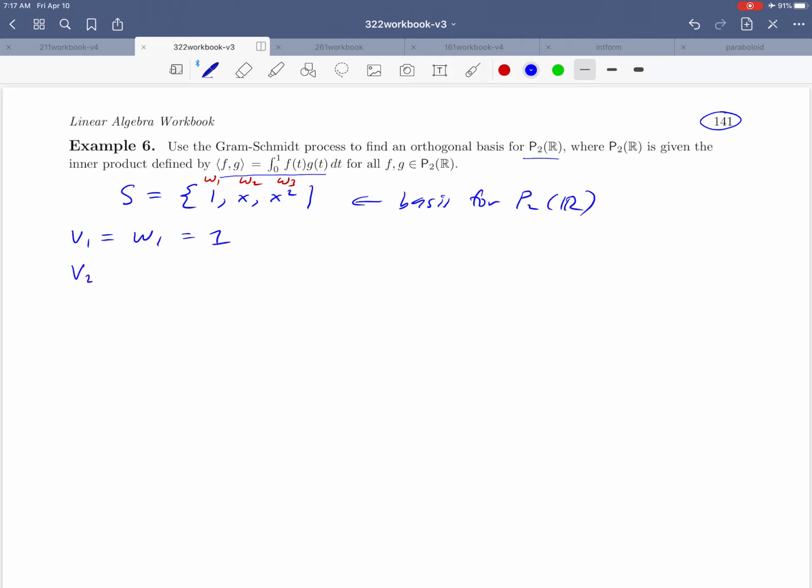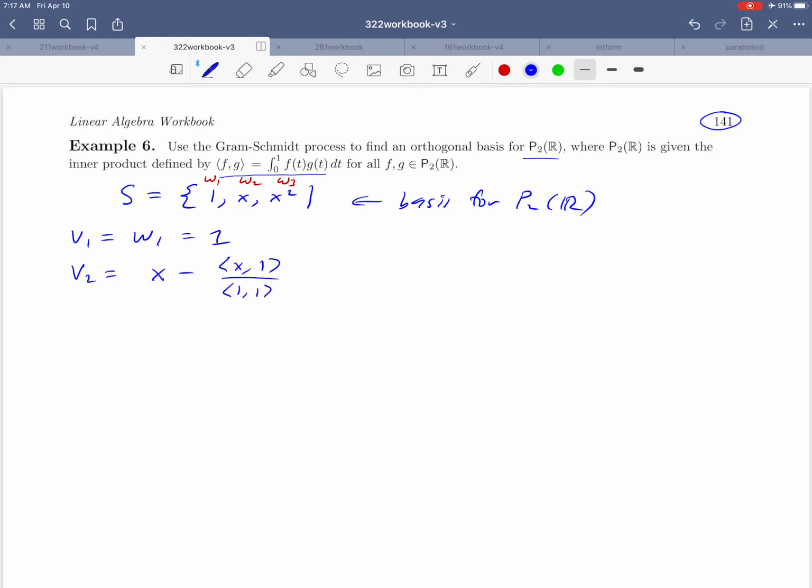We now want to calculate V2. I'm going to be just writing down the formula from theorem 6.4 and running through it. You can look back at that page and confirm that what we're writing down here matches that. So to calculate V2, we want to take W2, which is x, minus the inner product of W2 with V1, over the length of V1 squared.